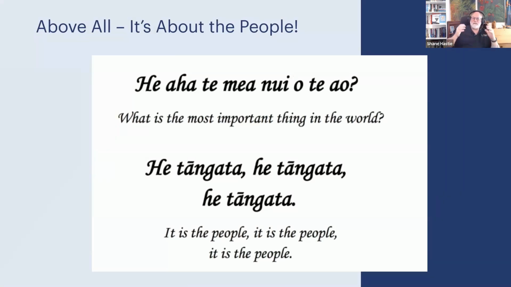Our frameworks, our tools, they should support us in creating an environment where people thrive, where we change the world in a great way to the benefit of our stakeholders, our customers, our clients, and our organization. That's why having a business analysis framework is a useful step. But he tangata, he tangata, he tangata. It's all about the people.